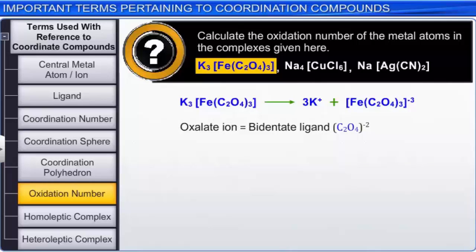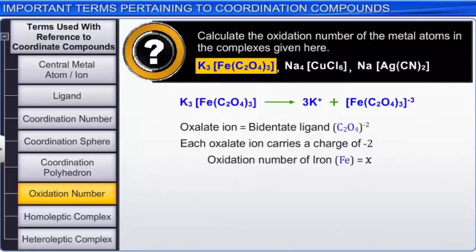Each oxalate ion carries a charge of minus 2. The oxidation number of iron, which is assumed as X, is calculated as X plus 3 multiplied by minus 2, which is equal to minus 3. On simplification, we get X equal to plus 3. Hence, the oxidation number of iron is plus 3.